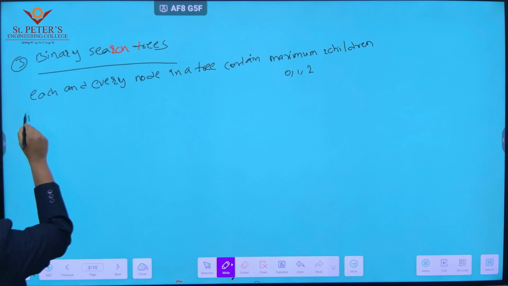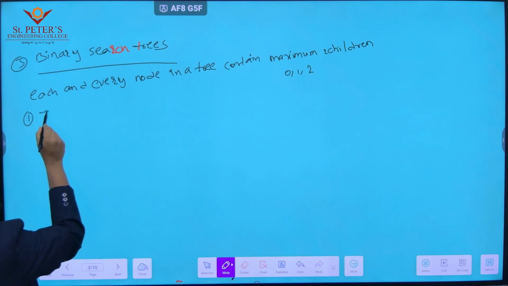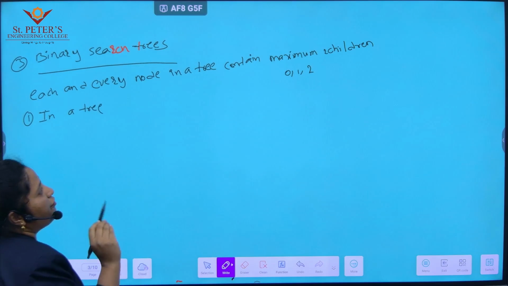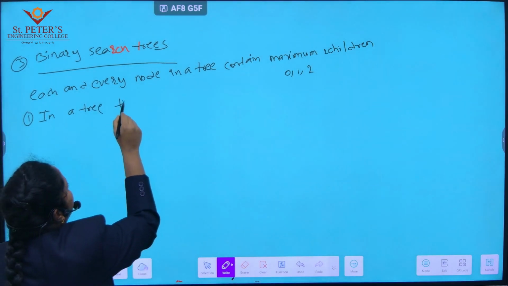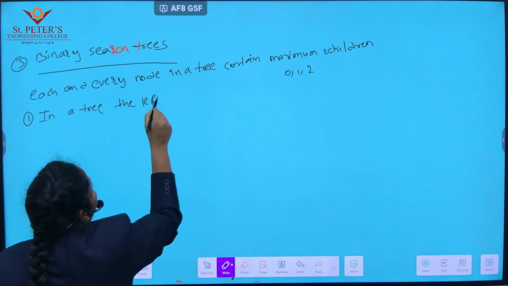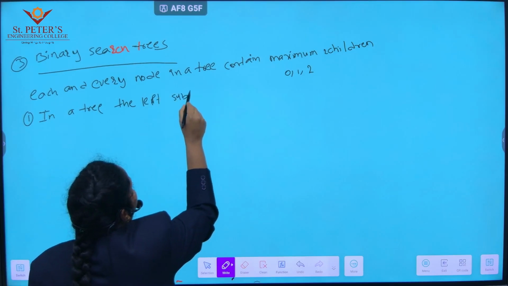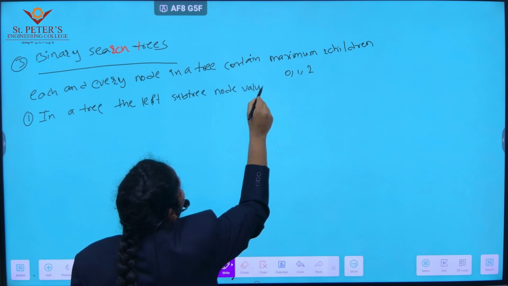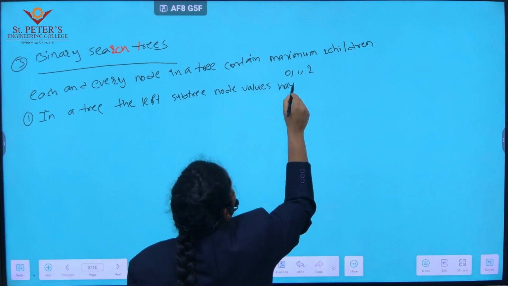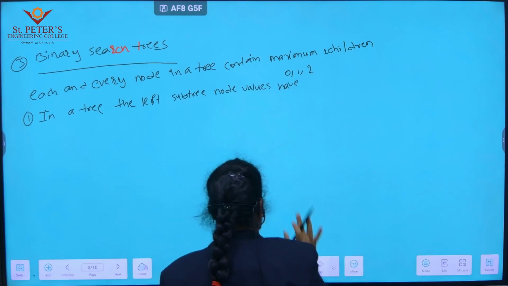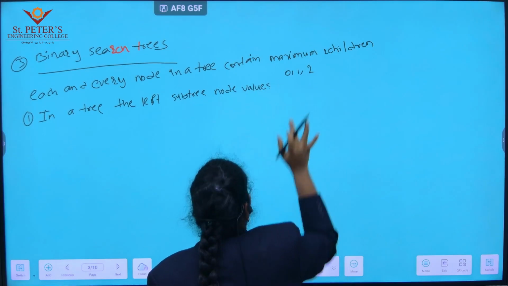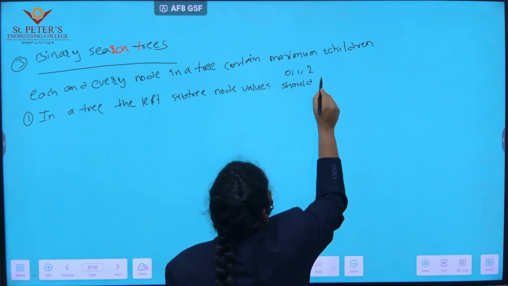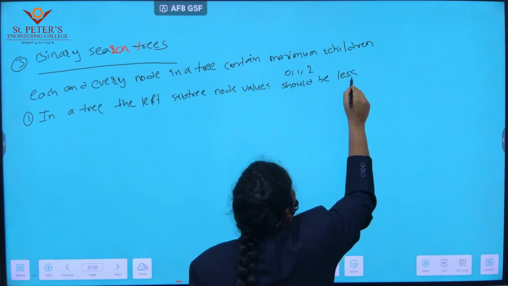The first one is, in a tree, the left subtree node values should be less than the root value.